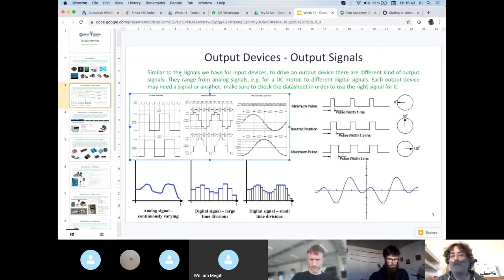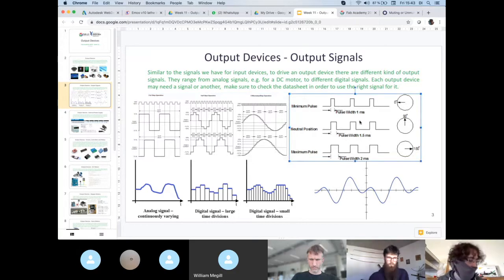Then the way that you drive the servo motors, or the brushless motor, or a transistor that drives a DC motor, is to use pulse width modulation. We have seen this signal before in input devices. In this case, to have a different positioning of the servo motor, like 0 degrees, 90 degrees, or 180 degrees, you change the length of the pulse over here.